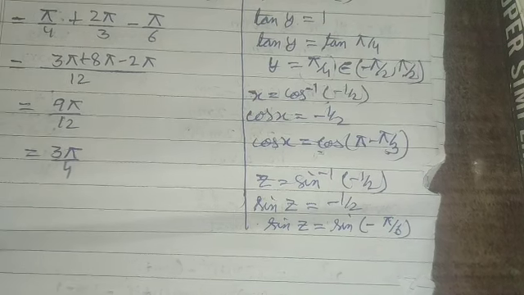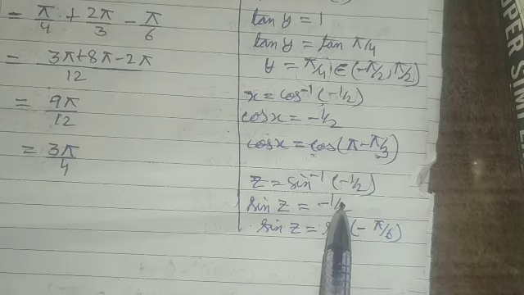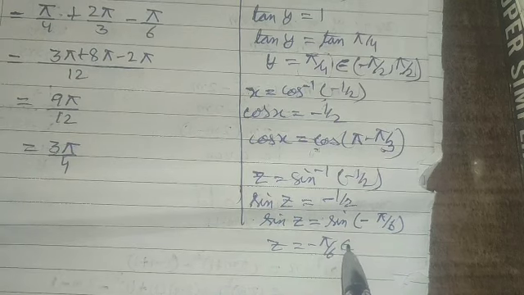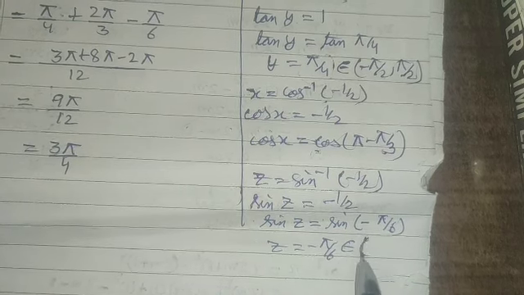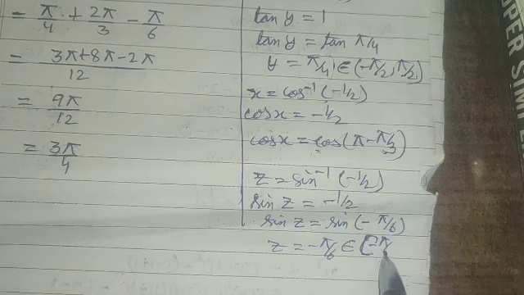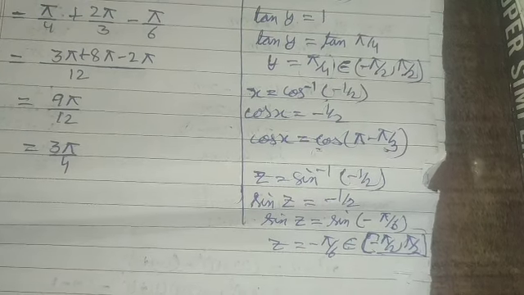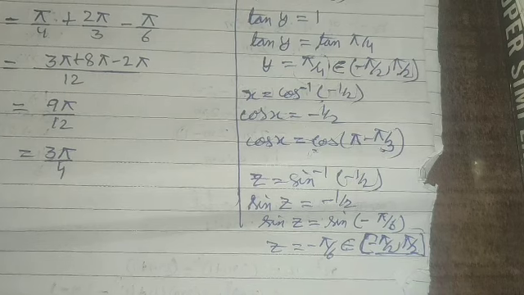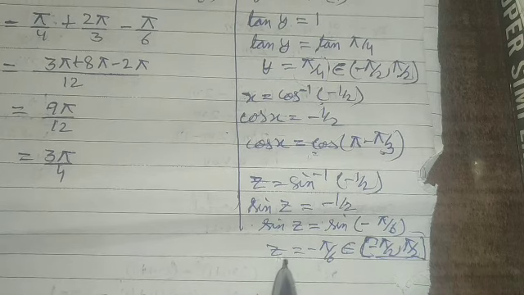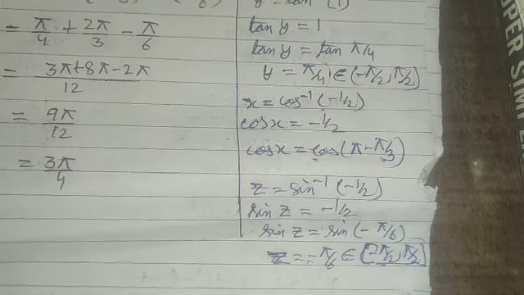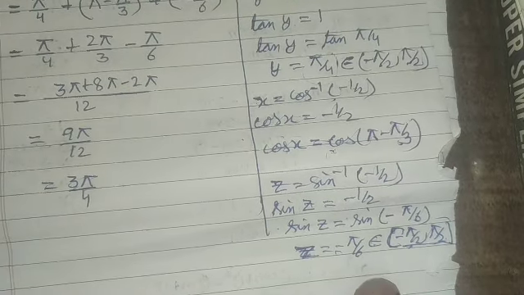The value of sine pi by 6 is 1 by 2, and z equals minus pi by 6, as it lies between minus pi by 2 and pi by 2. This value minus pi by 6 is in the range of the principal value of the sine inverse function. So we will take it as minus pi by 6.